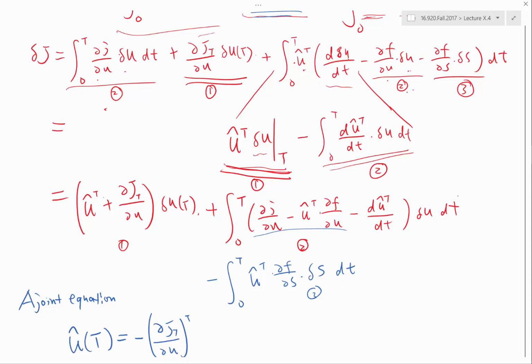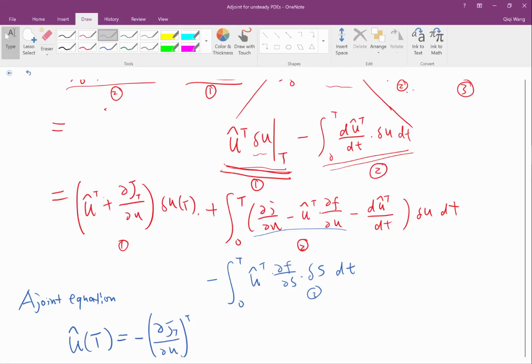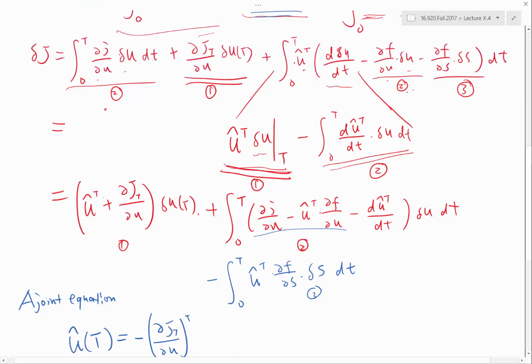Okay, so the adjoint equation is going to be dû/dt. Actually, let's take the transpose of the whole thing because I don't want to transpose in the time derivative. dû/dt has to be equal to, first I have this, which is df/du transpose times û, right?